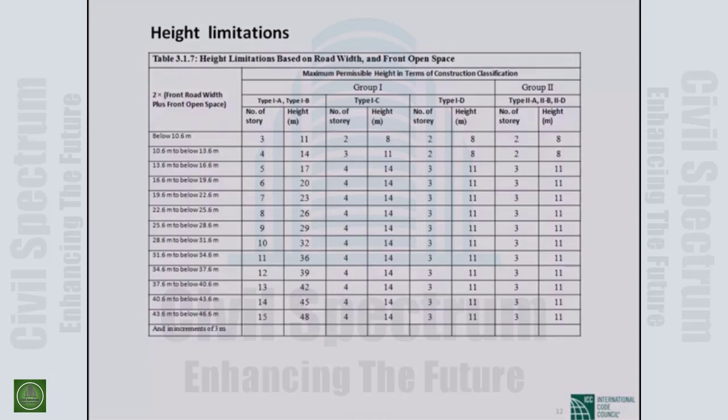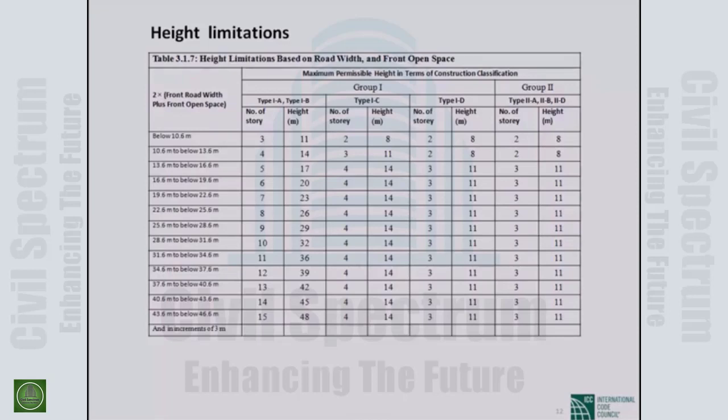All buildings are classified based on the fire rating of their structural elements. Depending on the structural elements, buildings are typed in two categories. One is type 1, another is type 2. I will come to the detail after that. But here I would like to show that for different types, there are height limitations.